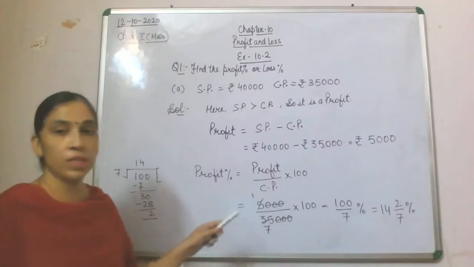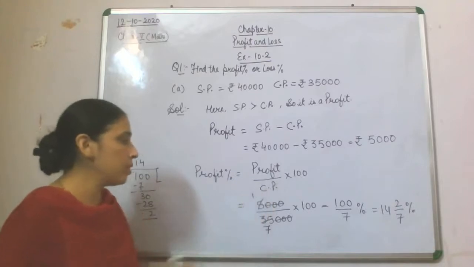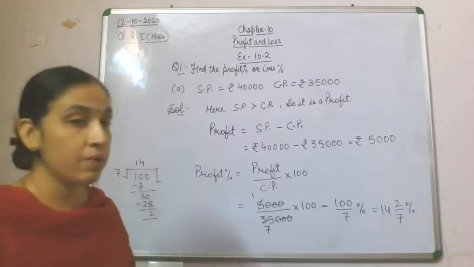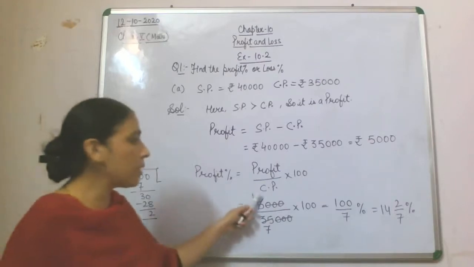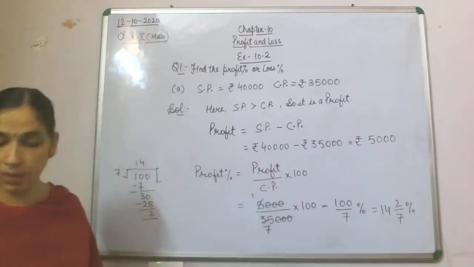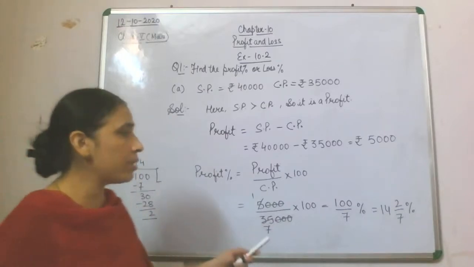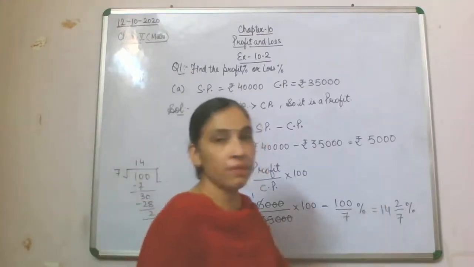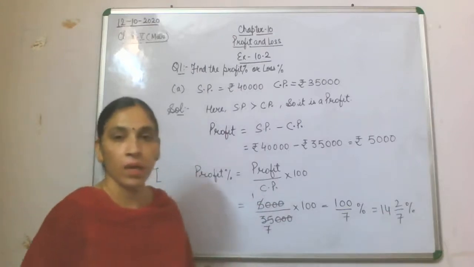Now profit percent is profit divided by CP multiplied by 100. So profit, that is 5,000, that we have just calculated, will be divided by CP, your cost price, and multiplied by 100. 5,000 divided by 35,000 into 100 is equal to 100 divided by 7%, or we can write that 14, 2 by 7%. So this is the way to do this question.